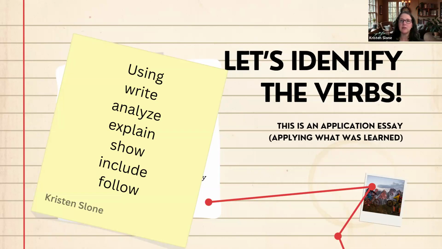Identifying those verbs gives you clarity: I'm using, writing, analyzing, explaining, showing, including, following. As you work through that assignment, you know, okay, I'm analyzing, I'm breaking apart and identifying and exploring concepts, not the whole, but how they work individually.